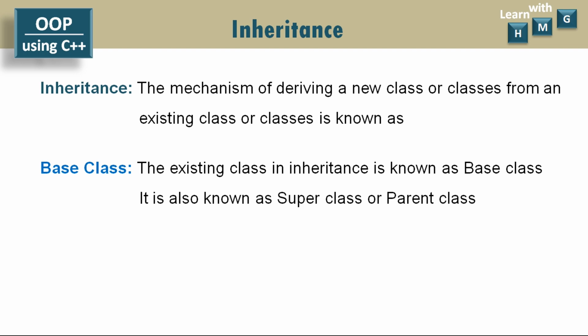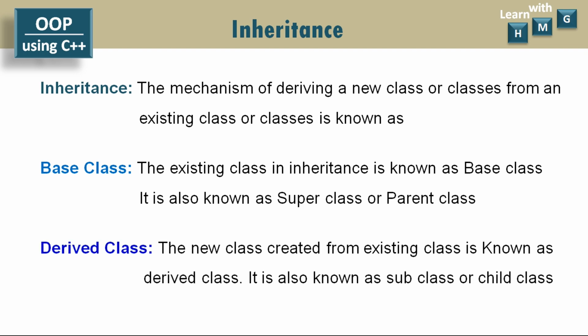The existing class in inheritance is known as the base class, and it is also known as a superclass or parent class. The second type of class is the derived class. The new class created from an existing class is known as a derived class, and it is also known as a subclass or a child class.